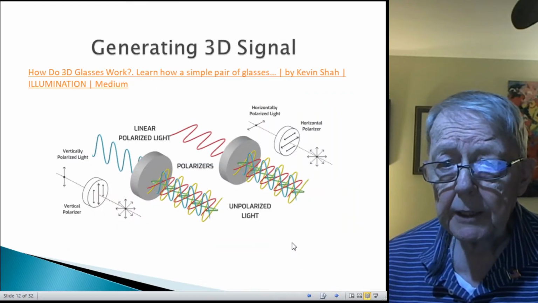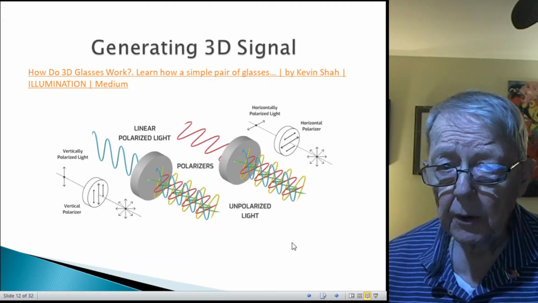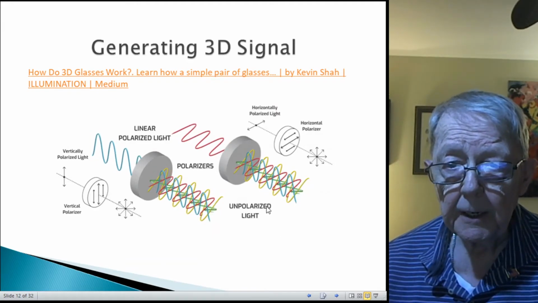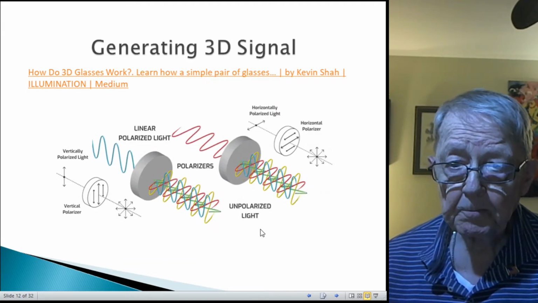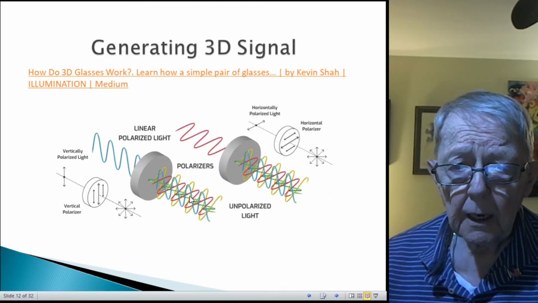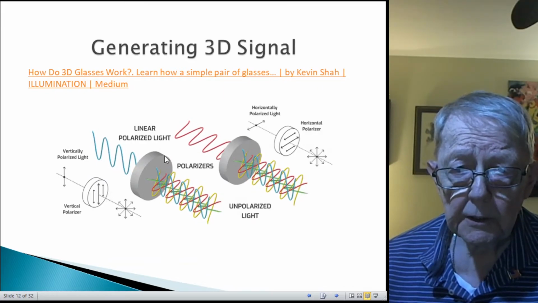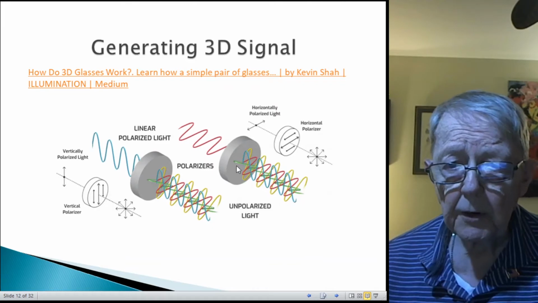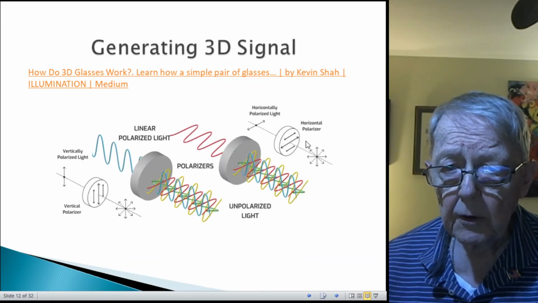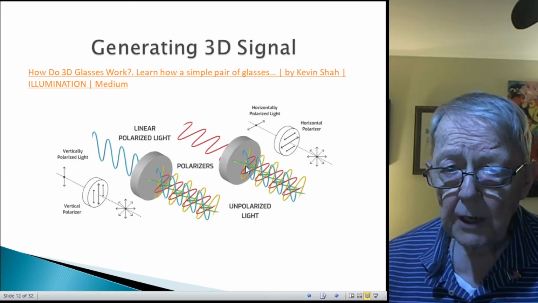The other application is for 3D glasses. You can wear these. This is an interesting video showing how unpolarized light goes through a vertical polarizer. And it comes out vertical, and you can take a different one and go through a horizontal.